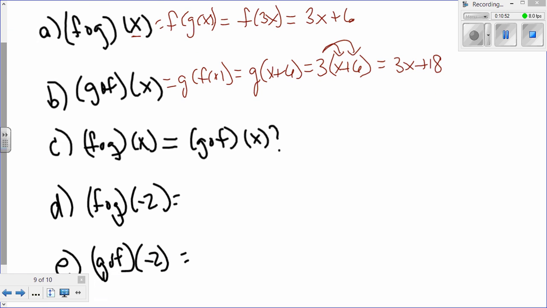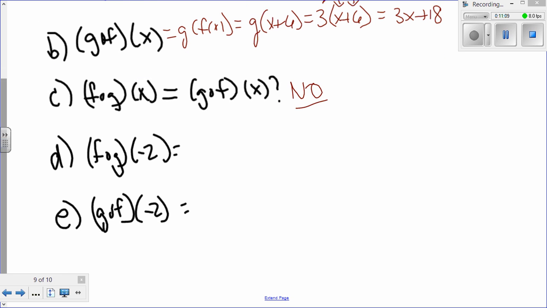So is f of g of x equal to g of f of x? Well, looking at parts A and B, they are two different equations. So the answer is no, they are not equal. Part D, find f of g of negative 2.